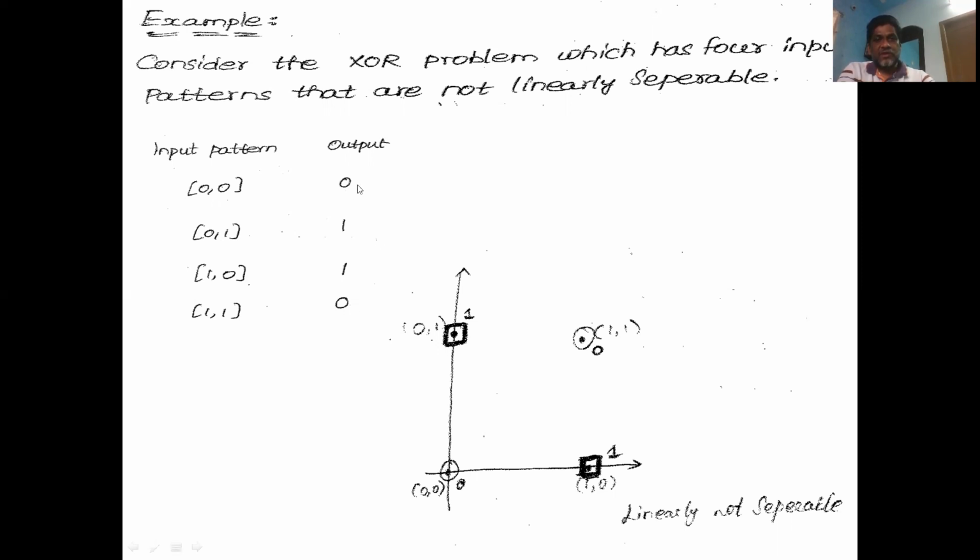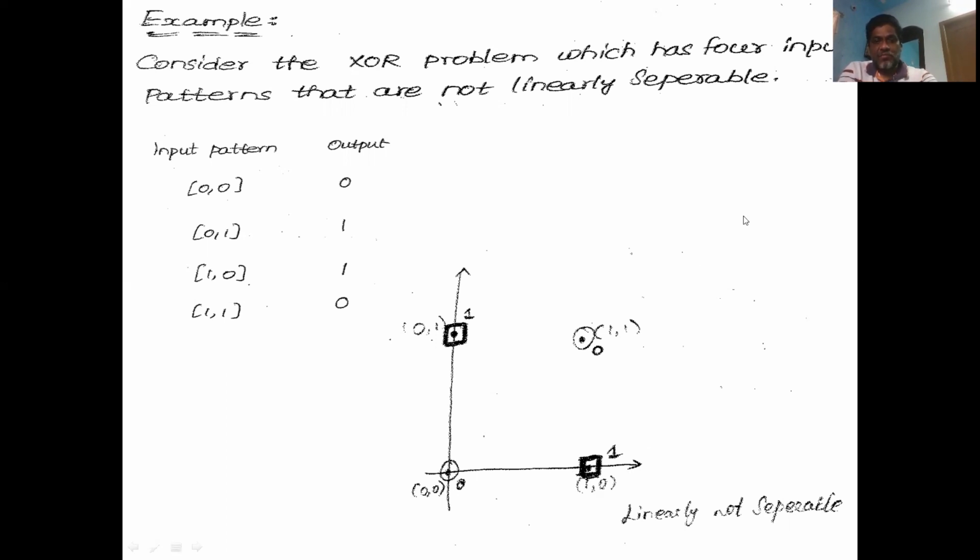If you look into these outputs, there are two classes of outputs, 0 and 1. So therefore it is a binary classification problem. Now let us see whether these input patterns 0,0, 0,1, 1,0, 1,1 having these target values are linearly separable or not by drawing a hyperplane in the given input space.